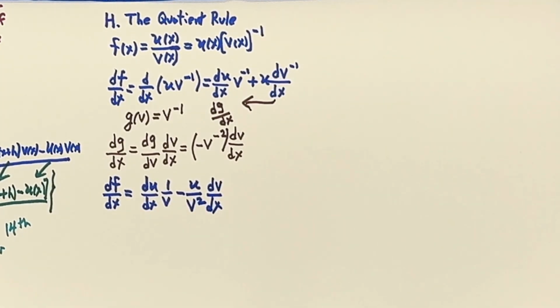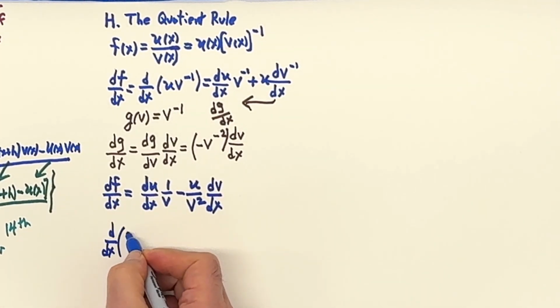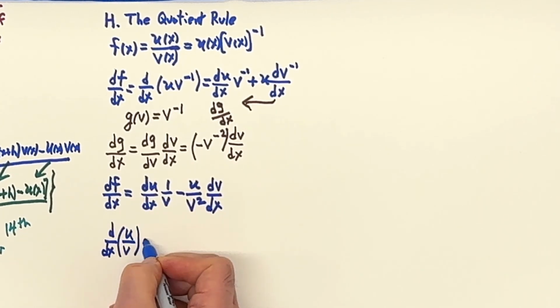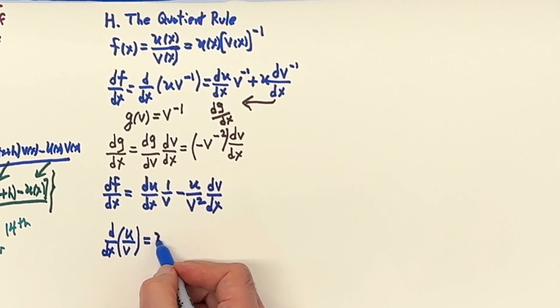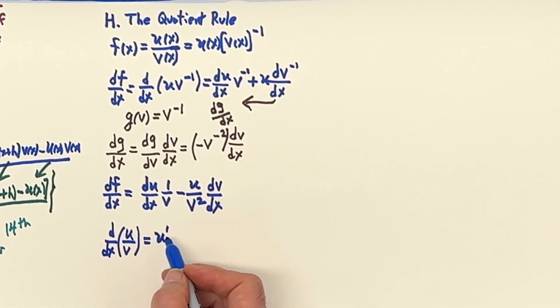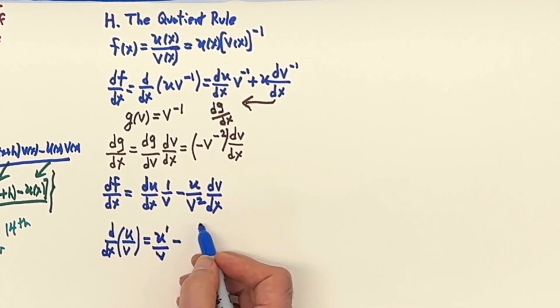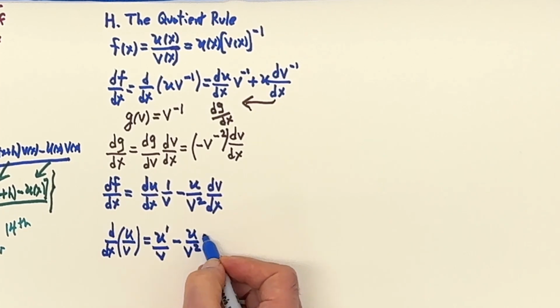Now let's write this in summary as d dx of u over v. That's going to be u prime over v minus u over v squared v prime.